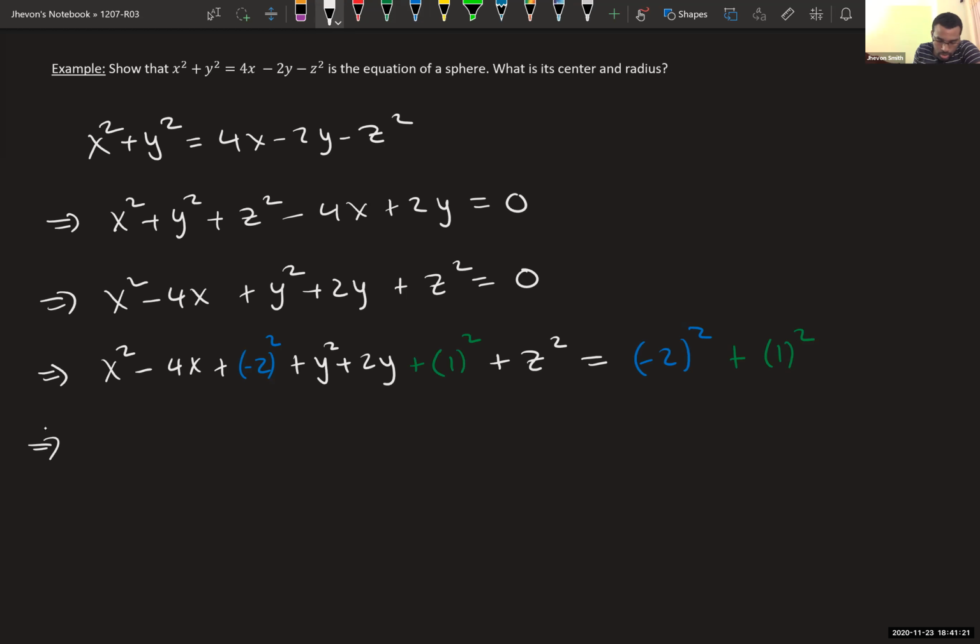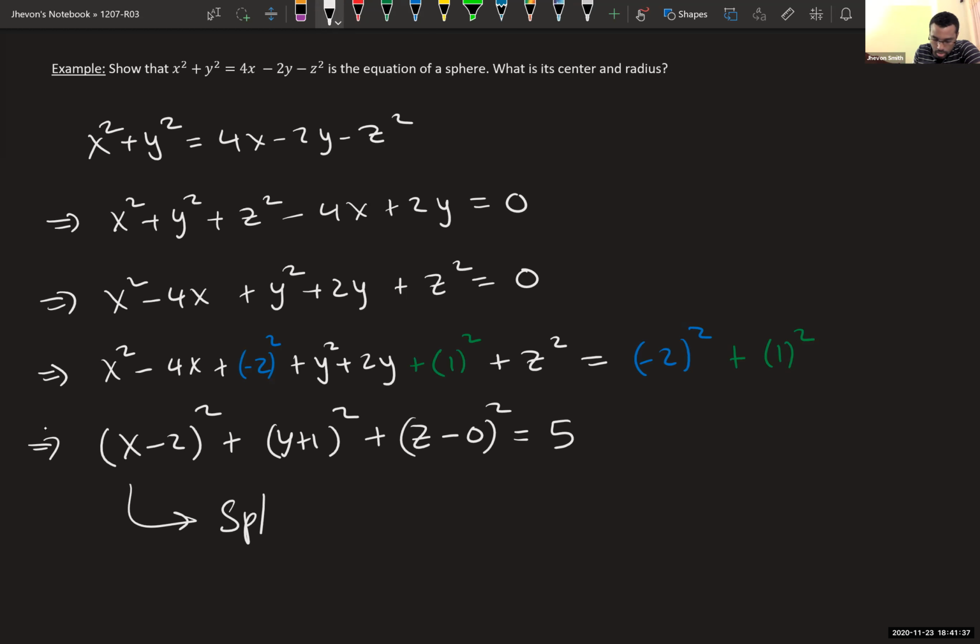So here I would get x minus 2 all squared plus y plus 1 all squared plus z minus 0 all squared equals 5. So that is a sphere.